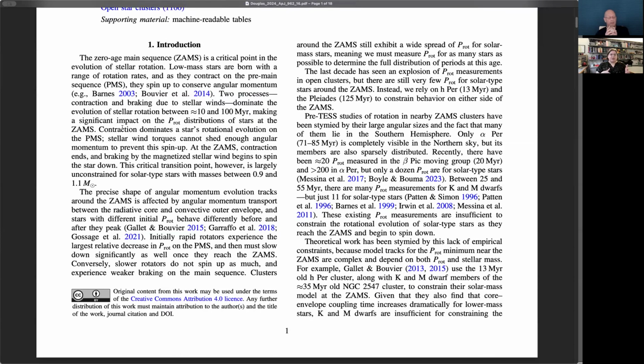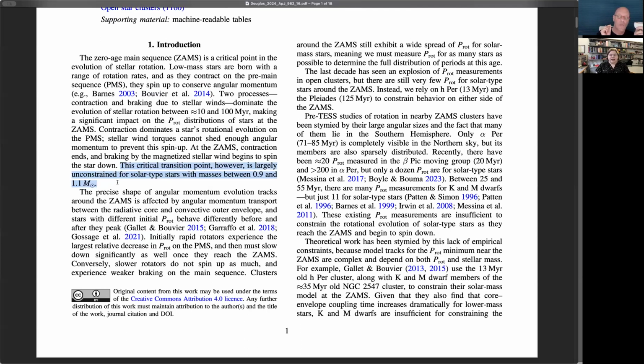So we have this transition point from spin up on the pre-main sequence to spin down on the main sequence. That's the zero age main sequence. And it's this spot that we thought, at least, we didn't have good calibrators for the angular momentum. So this was a challenge for people trying to work on the theory of angular momentum evolution.